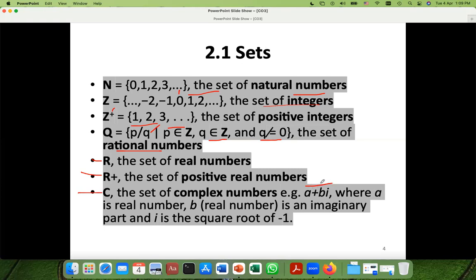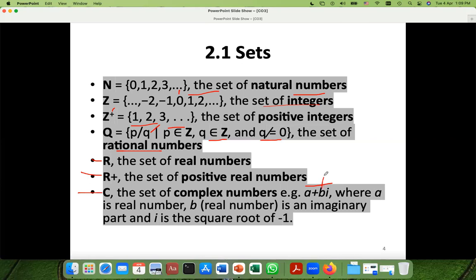So this A and B can be real numbers. You can imagine that 2 plus 3 iota, 5 plus 7 iota. Then you will have elements in the complex numbers in this format, and A, B are real numbers.